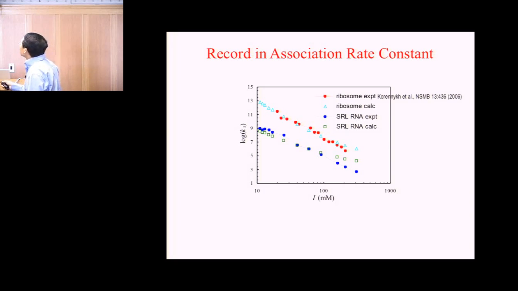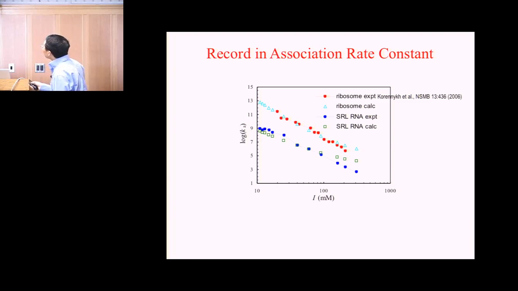So there is this additional 4 orders of magnitude boost from the presence of the ribosomal context. Part of the reason we want to study this is to identify the factors that contribute to this additional 4 orders of magnitude rate enhancement by the ribosome.